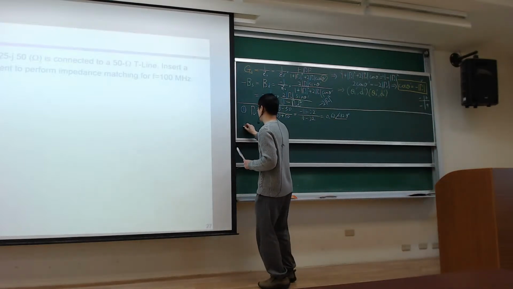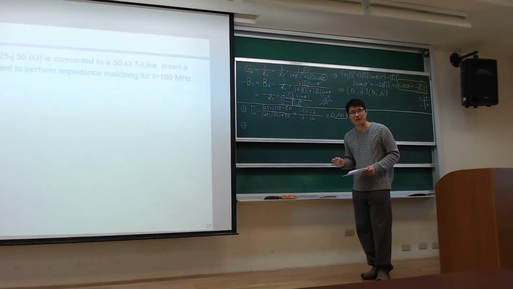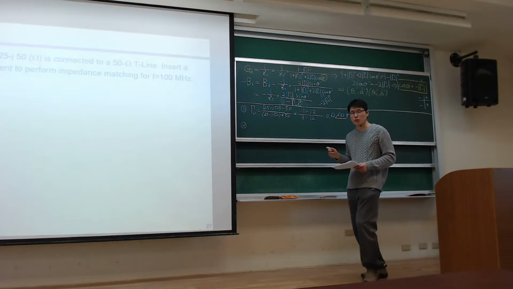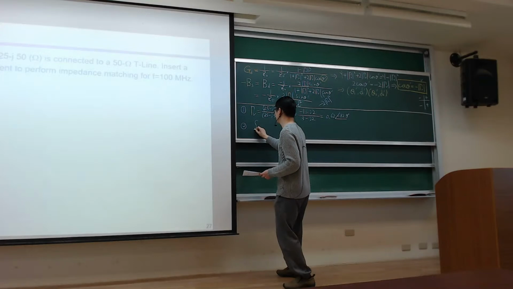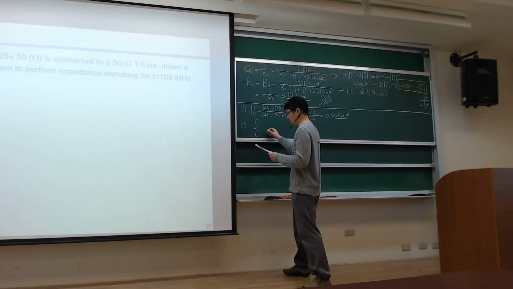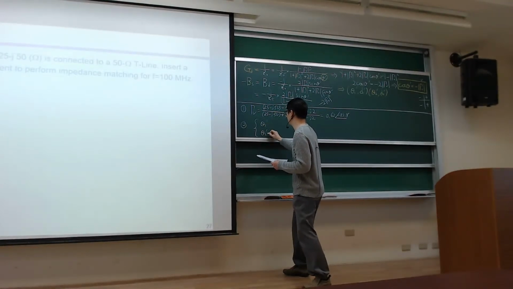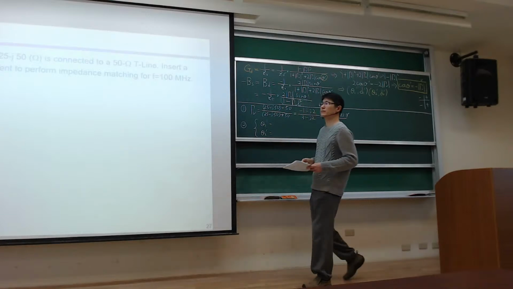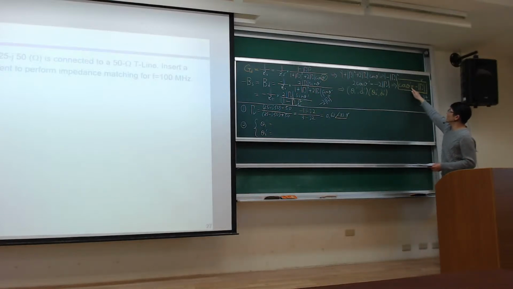So the second step is remember forever, you have two potential choices. So now cosine theta prime is now negative 0.62.